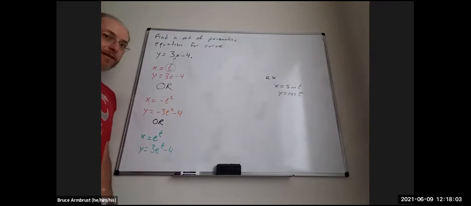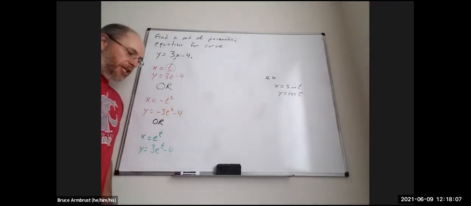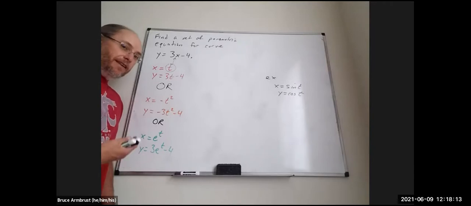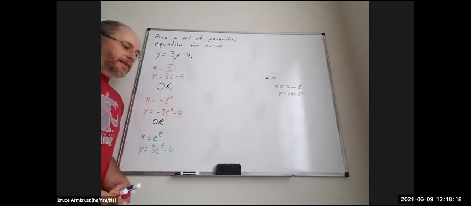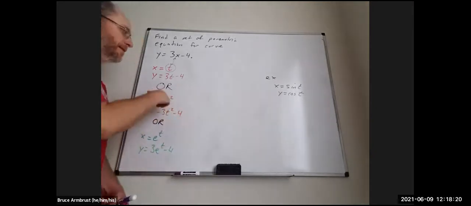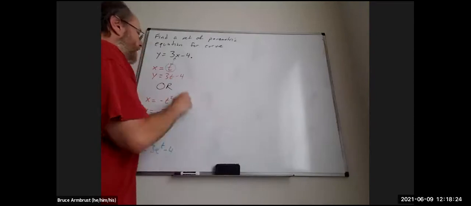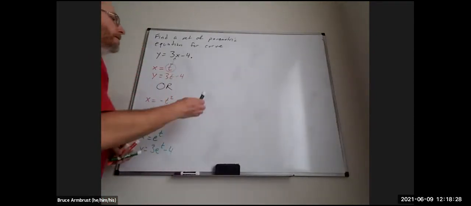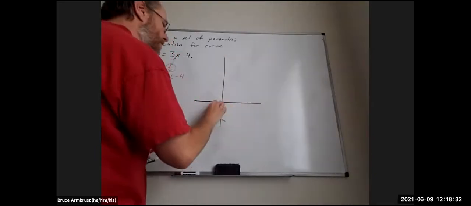But depending upon which of these you pick, you might actually get different parts of the graph. You're definitely going to get different directions, different types of travel on the graph. Let me show you that with a couple of examples. We'll start with the first one: x equals t, y equals 3t minus 4. I'm going to start by drawing the graph of 3x minus 4, because we know what that looks like.